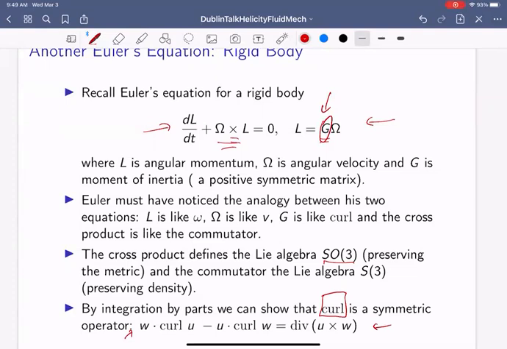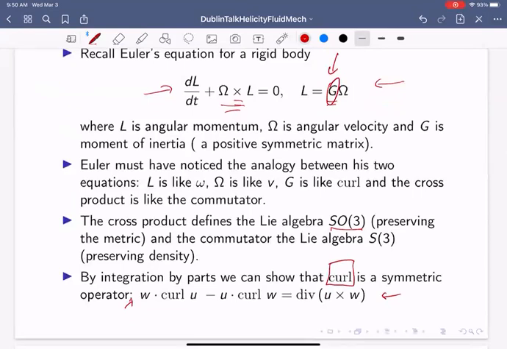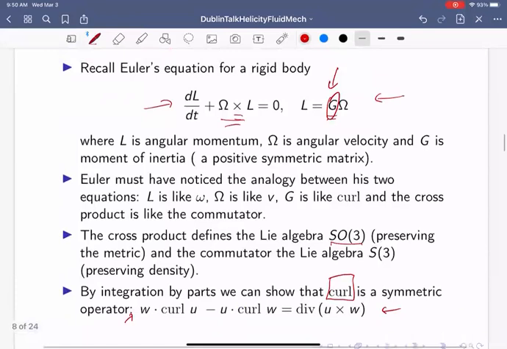So the curl should be thought of as a symmetric tensor on the space of vorticities, on the space of incompressible vector fields. So that plays the role of moment of inertia. So there's a very close analogy between the rigid body and fluid mechanics. So let me stop here and ask for any questions or comments.